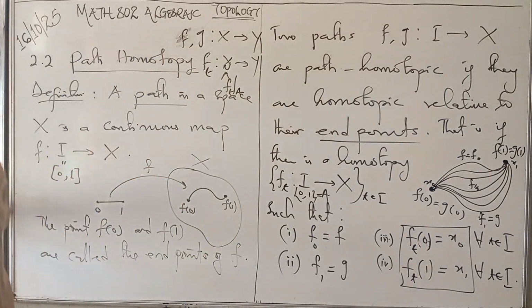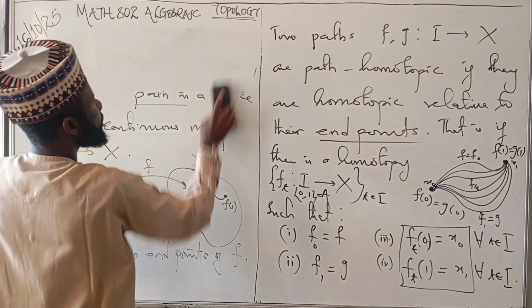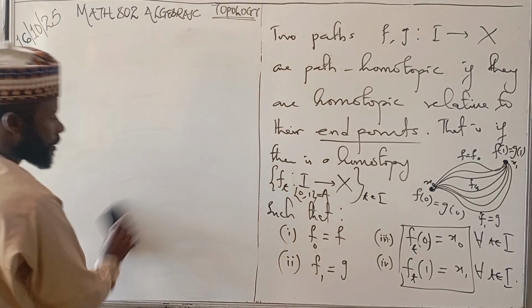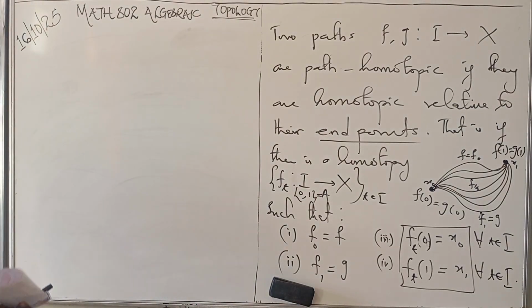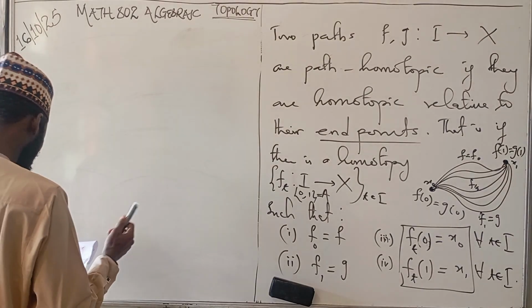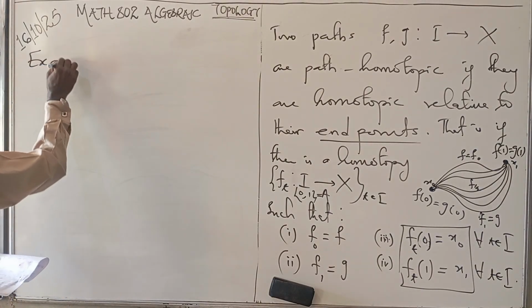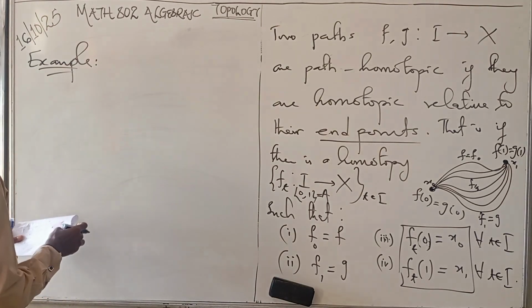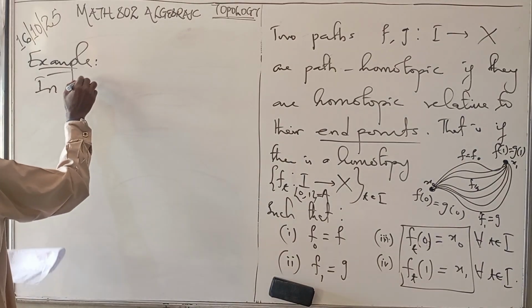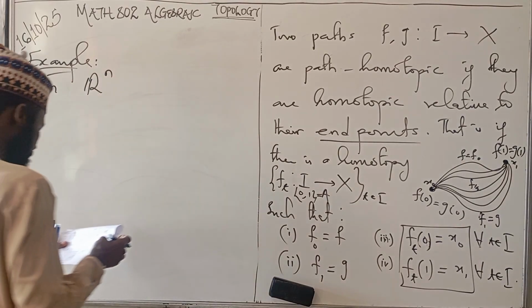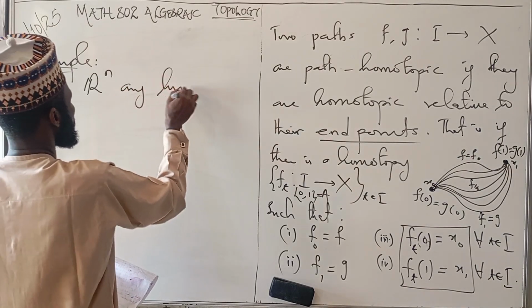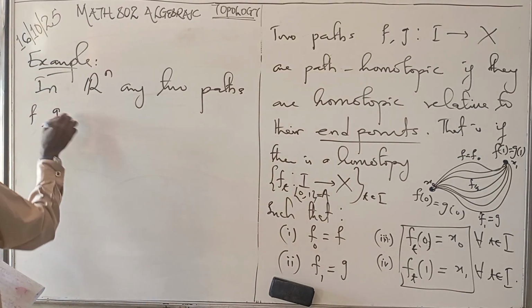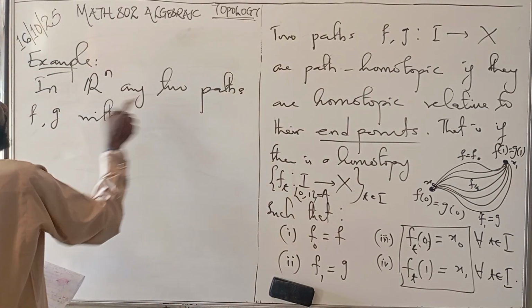So we can easily show, for example, that in R^n, the Euclidean space, any two paths F and G, so what is a path?